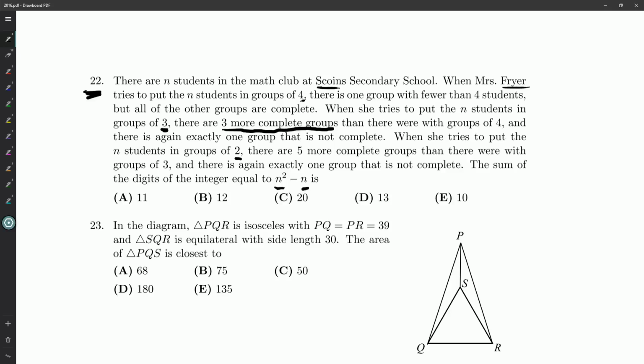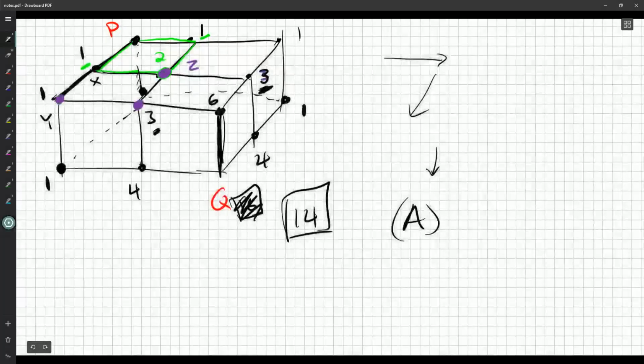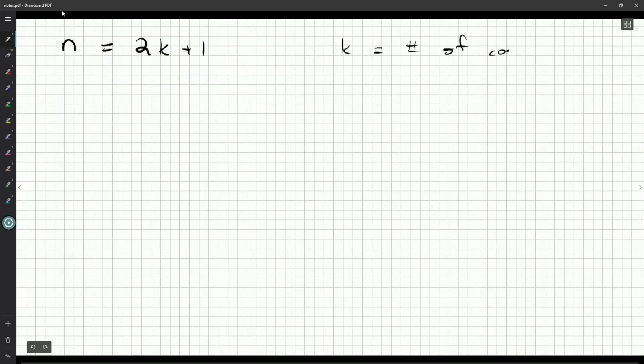Now, let's focus on the groups of 2. So n is some multiple of 2 plus 1, and k is the number of complete groups of 2.